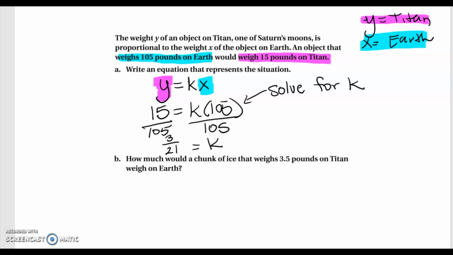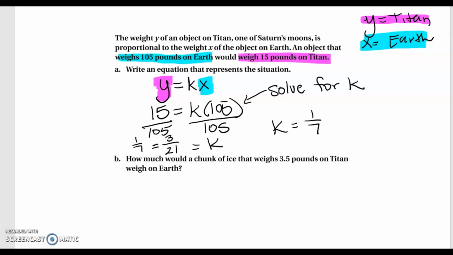Oh, I can simplify that even further to 1/7. So I had to squish there a little bit. So k equals 1/7. That's our unit rate. And remember that we're comparing our weight on Earth to our weight on Titan. So our weight on Titan is 1/7 of our weight on Earth.